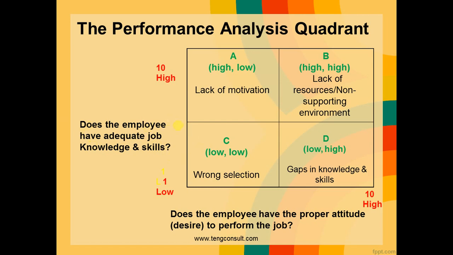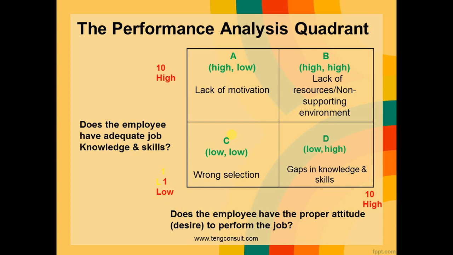If the employee has both job knowledge and skills and a favorable attitude, but performance is unsatisfactory, then he belongs to quadrant B. The problem may be out of control of the employee and may concern a lack of resources or time. The workstation is not ergonomically designed, and so forth.